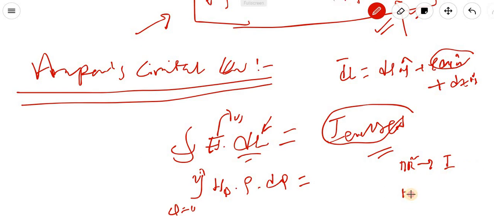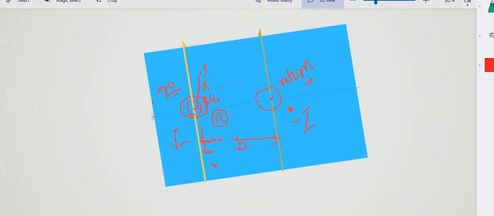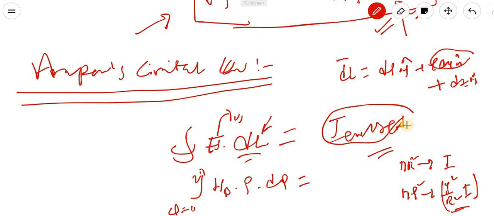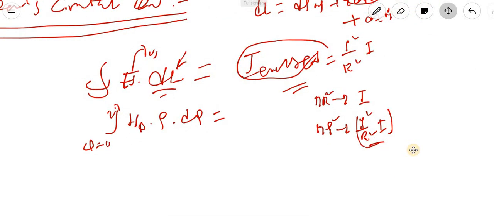But for the enclosed pi rho squared cross section, what would be the current? It would be rho squared over R squared times I. This is the enclosed current inside the conductor.